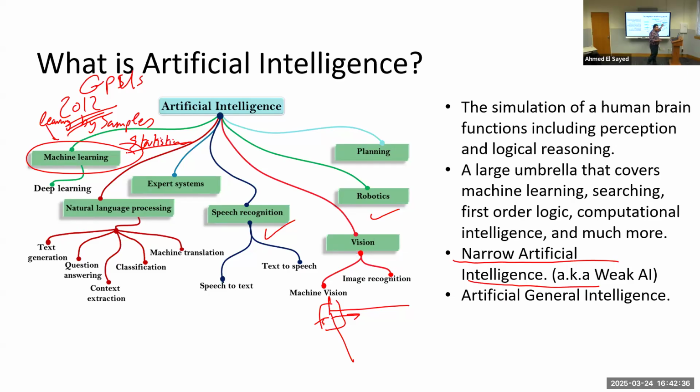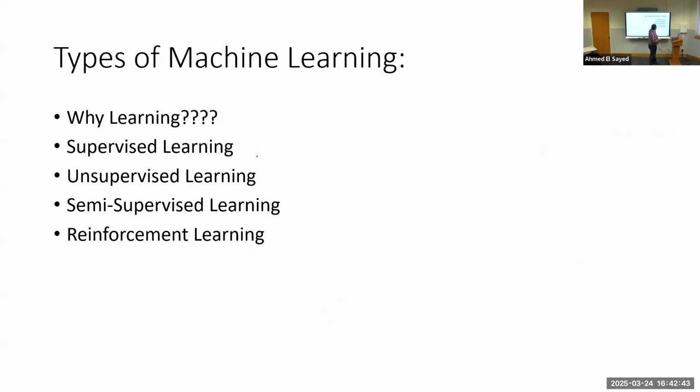What are the techniques we can use for machine learning? Actually, a lot. There is something called supervised learning. Meaning, when I give you the example, I give you the sample and its solution. So I give you X and Y. If I give you a photo of a person, I tell you this is Mike.